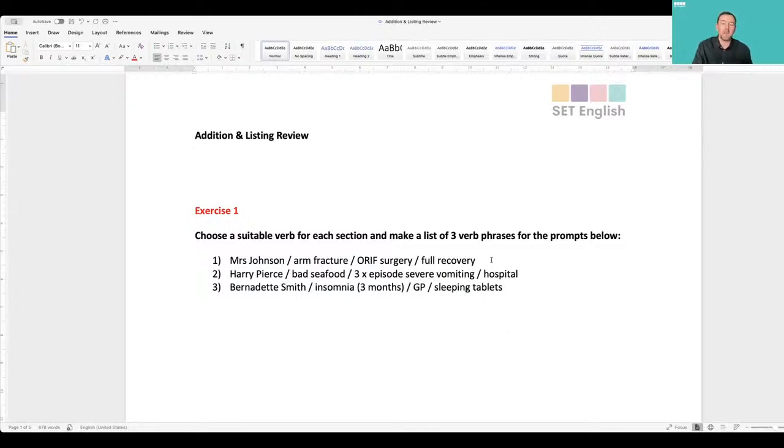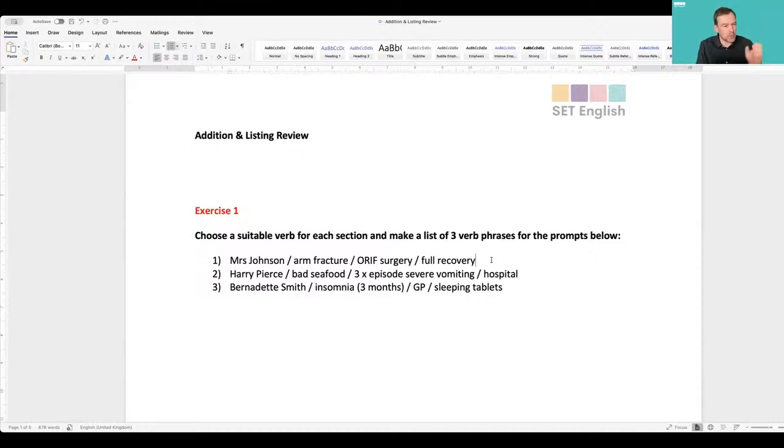Now, if you want to use some other little ways of connecting ideas together, that's up to you. But I'm looking for this list. Now, I want you to be careful here. Sometimes when you use specific addition linkers, it sounds more like a story, and others it sounds less realistic.